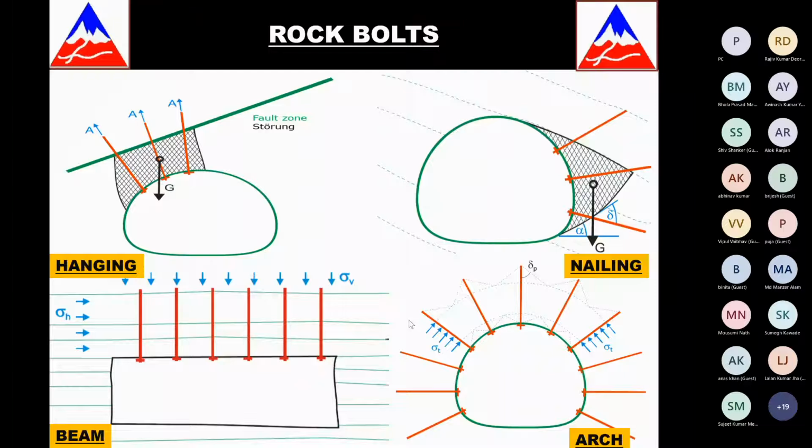So it's very important for us to see on sites how the fault planes are oriented, and a rock bolt should go across the planes so that they stitch these beds and give us strength. The other action is again B, where in case of a horizontal rock layer, we put rock bolts and four layers get stitched together and they become a monolithic kind of mass and they can give strength.